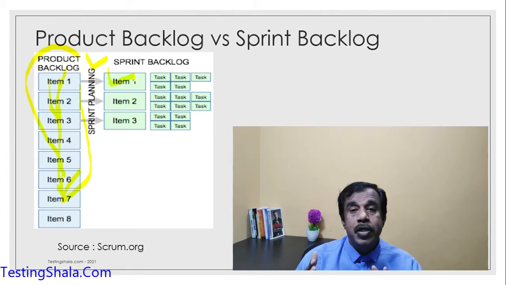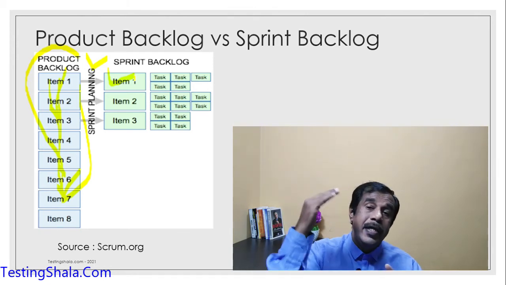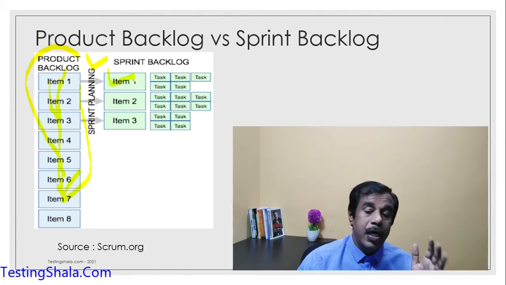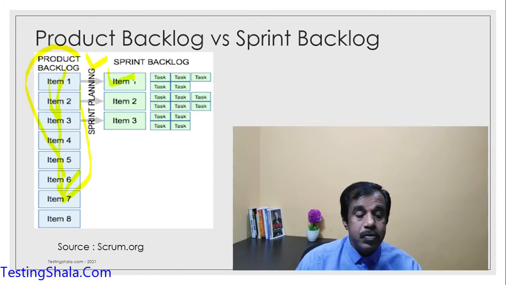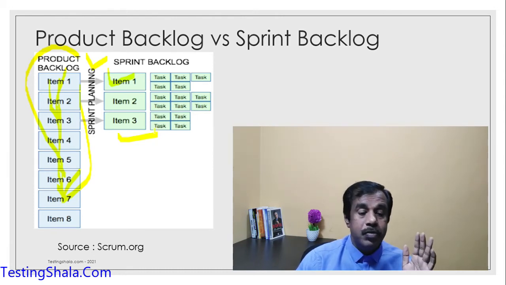Normally they break the activities down until they are around 9 or 10 hours, so that they can be easily measurable. Whatever tasks have been broken down into smaller items, they will put into the sprint backlog.